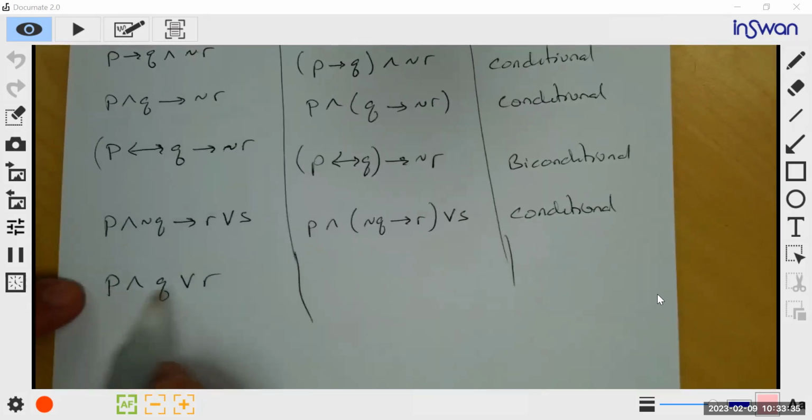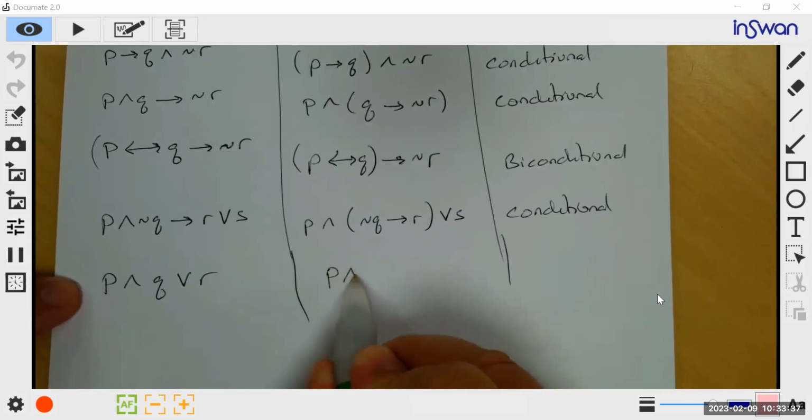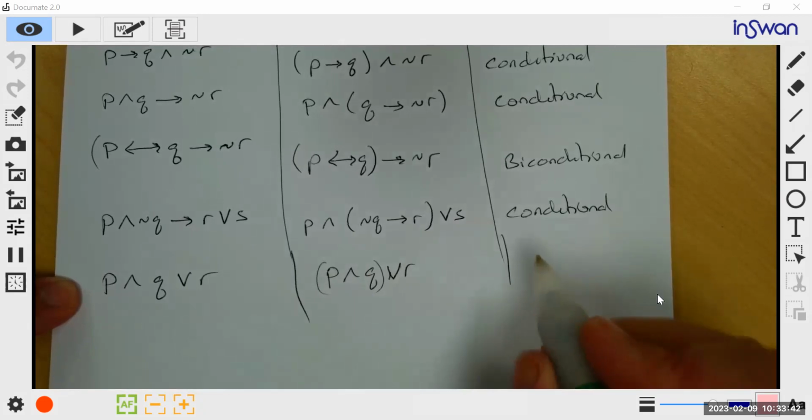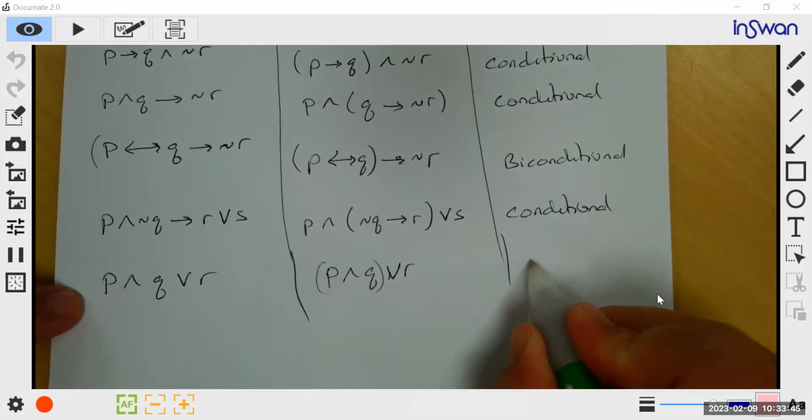Since they're both in the same level of importance, you go left to right. That's an and statement.